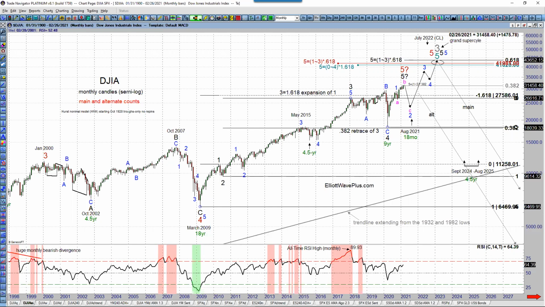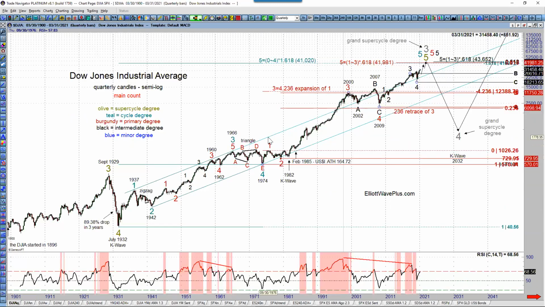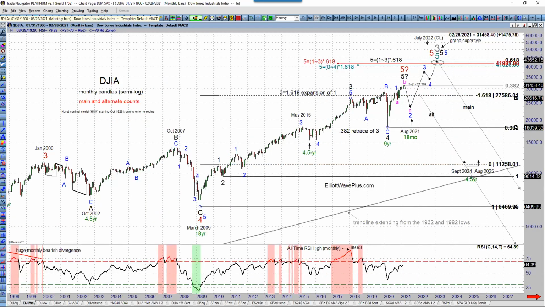And I don't think there's any doubt on the long-term chart that we're in a massively extended fifth wave. But there are some Fibonacci targets up here, up in the low 40,000s on the Dow. There's a cluster of them between 41,020 and 43,650 that I think the stock market's going to hit over the next couple of years.